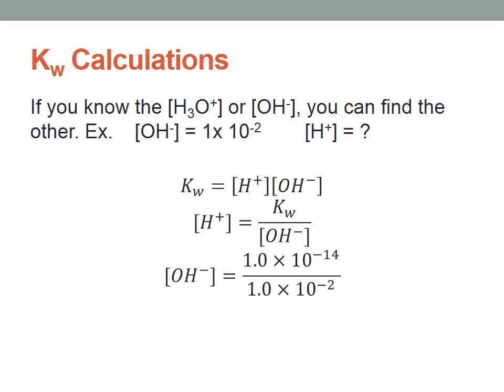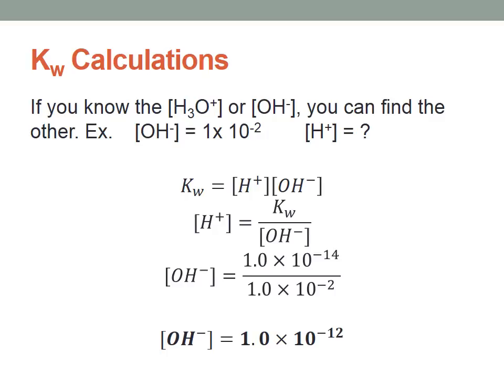We know what Kw is, 1.0 by 10 to the minus 14, and we have our hydroxide ion concentration. Again, we're going to subtract our exponents since the bases are the same. So that's negative 14 minus negative 2, so that's 14 plus 2. That gives us 1.0 by 10 to the negative 12.